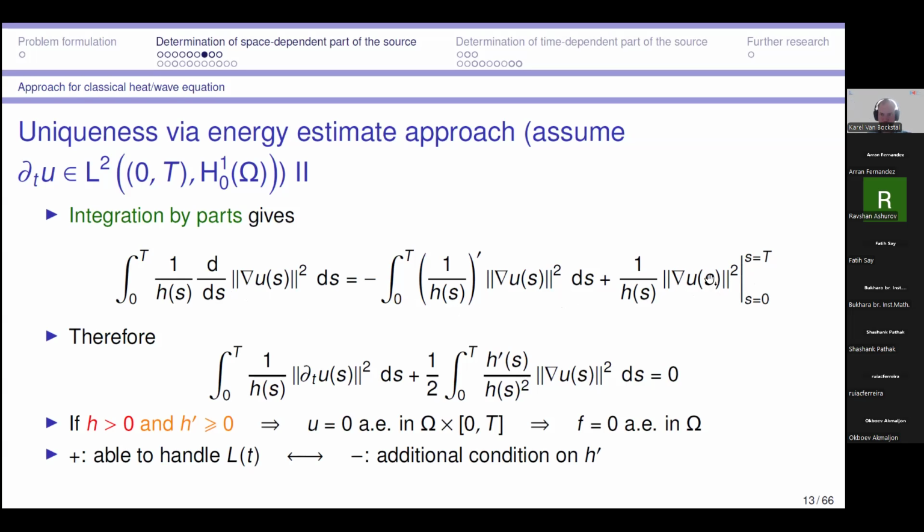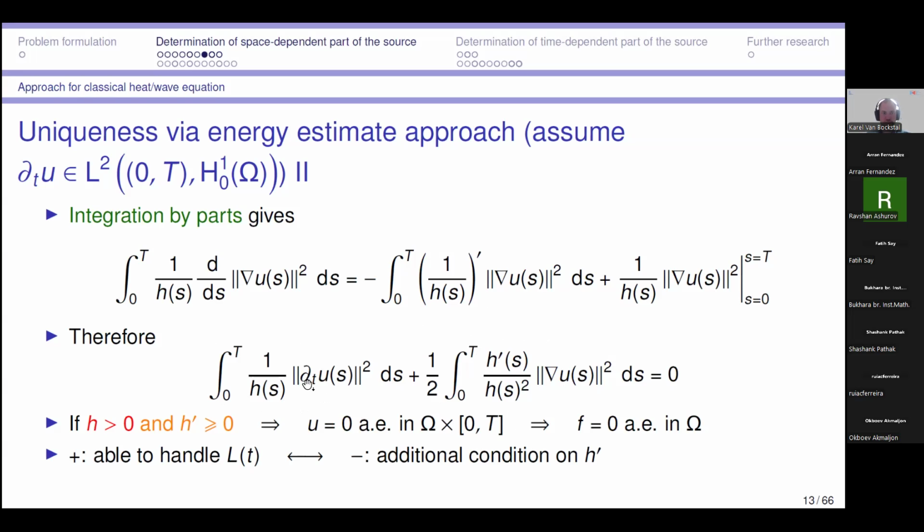So in the works, this derivative is calculated, and we get with a plus sign the derivative of h divided by h squared, and then there are assumptions made on the sign of the derivative. This was the first way: it is assumed that h is strictly positive and that the derivative of h is positive, so this integral, which has a positive integrand, is equal to 0.